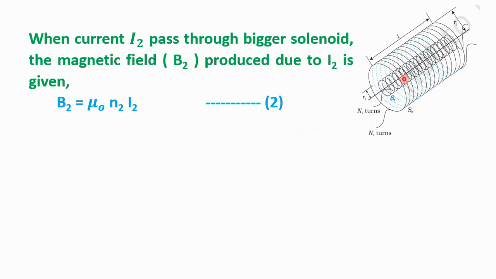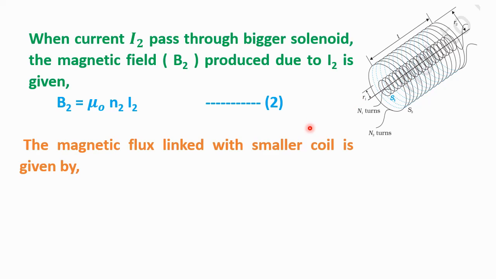As the magnetic field is produced by the outer solenoid, that magnetic field will pass through the inner solenoid also. So now we will calculate the magnetic flux linked with the smaller solenoid.